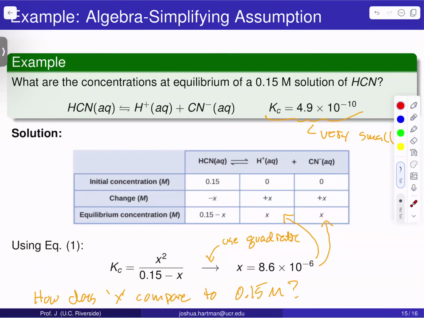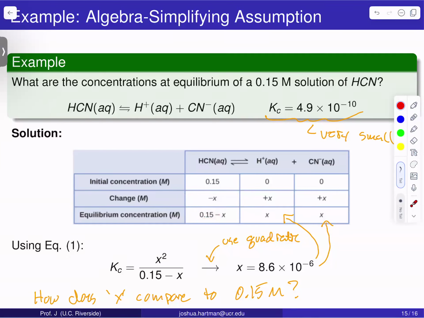What I want you to think about is, how does that value of x compare to that initial concentration of HCN? I'm measuring my HCN concentration as 0.15 molar, and I'm losing 8.6 times 10 to the minus 6. So I'm down many decimal places past the significance of the measurement of this HCN.